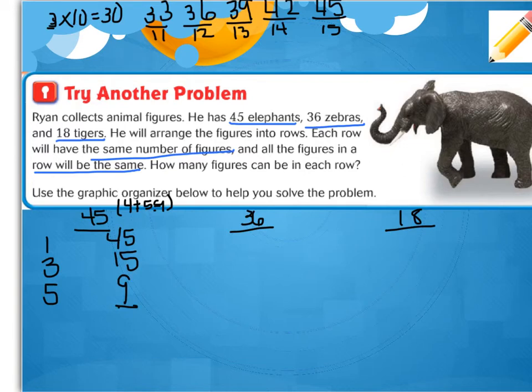Try 36 and 18 on your own, and then pause the video to see if you correctly listed all the factors for 36 and 18. For 36, did you get 1 and 36? How about 2 and 18.